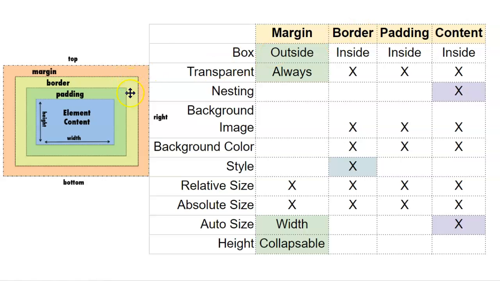Now, the next box, the border. The only thing that's really special about it is you can style it and give it a frame effect. There are different styles for the border, but you can also make it transparent, and you can't even see it. It blends in with the padding. You can't tell where it starts and stops. The padding is pretty straightforward, and what makes the content unusual is that you can nest things inside of it.